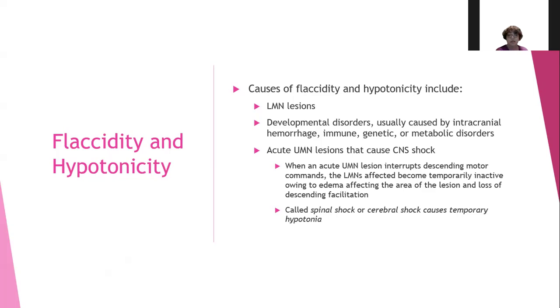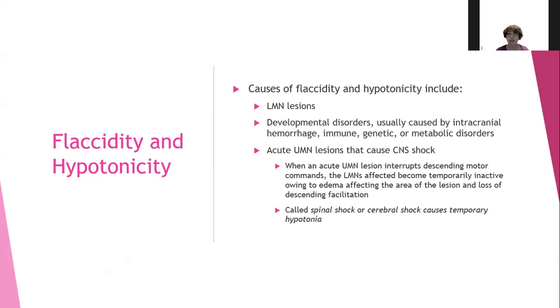A lot of times, especially with spinal cord injuries, they'll give people massive anti-inflammatory treatments to decrease the time that they're in central nervous system shock. When you're working in acute care and you see someone the day after their stroke or the day of, they are usually flaccid or very hypotonic.